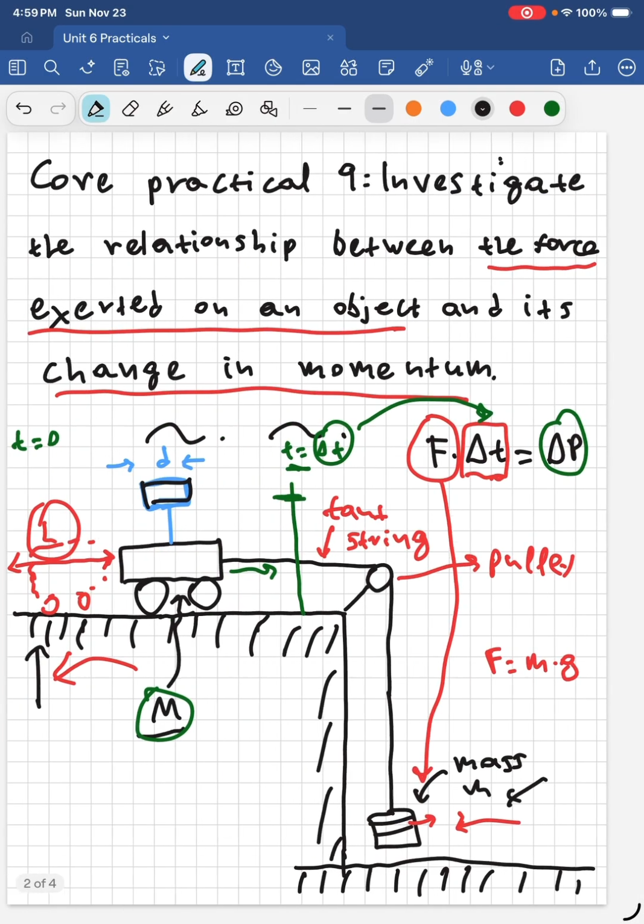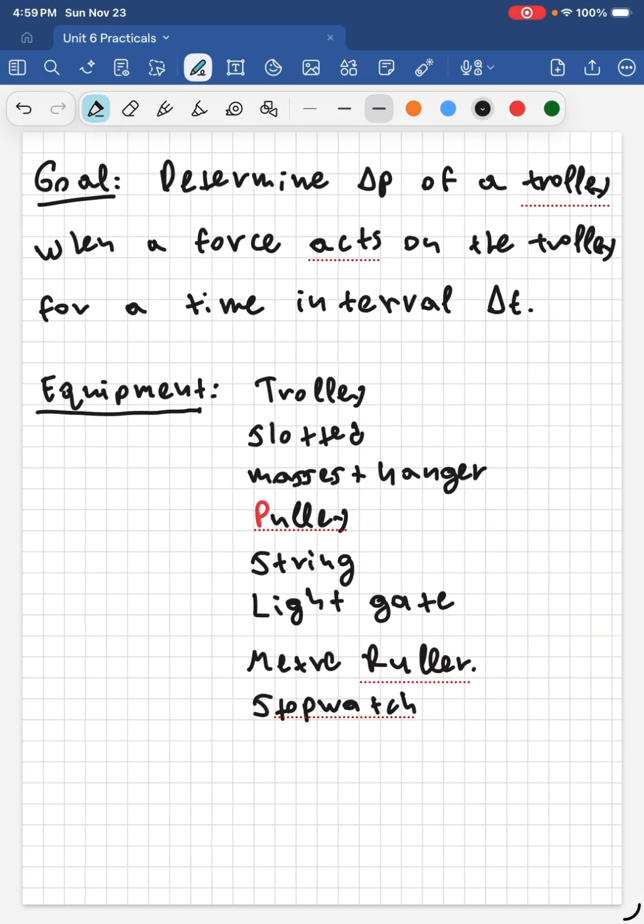So you can use the stopwatch to measure delta t pretty much, whereas the light gate might be used to measure delta t2. Though the light gate can actually measure both delta t's that you need in this experiment, but okay, that's fine.